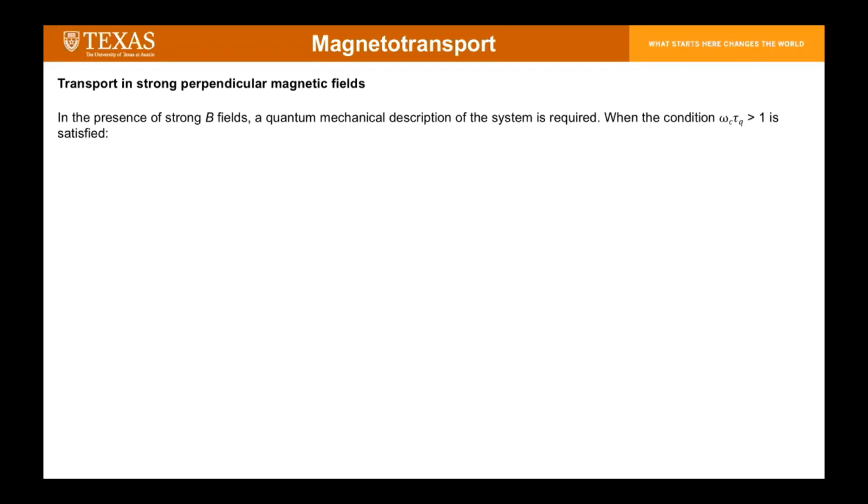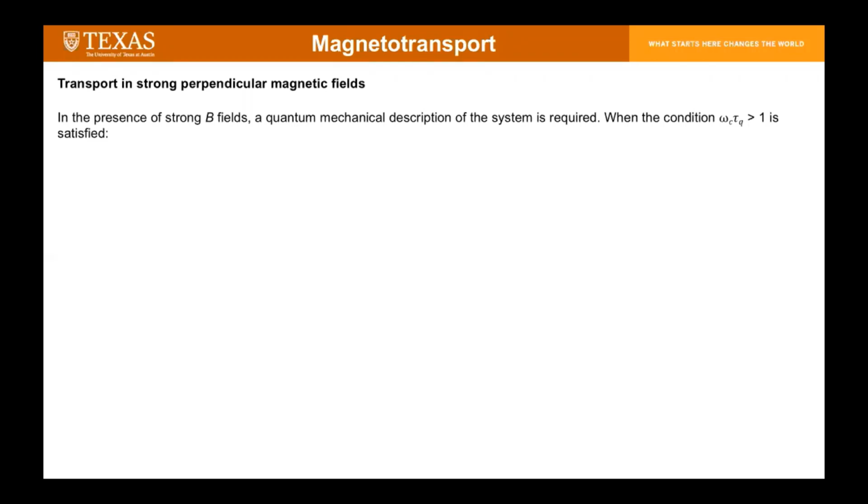This lifetime deals with the amount of time that an electron takes to complete one full circle of the cyclotron trajectory. So this basically means that there is low disorder in the system such that the electron is able to complete one full circle, and the electron wave is able to interfere with itself and form new quantum states.